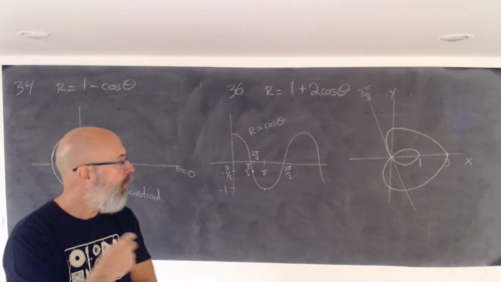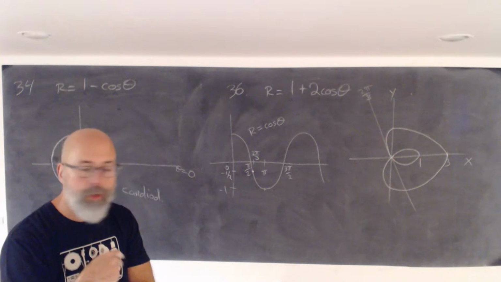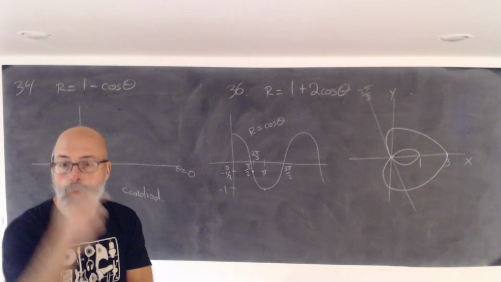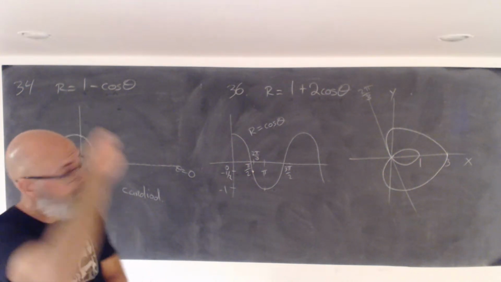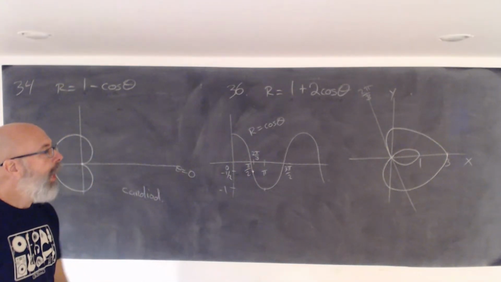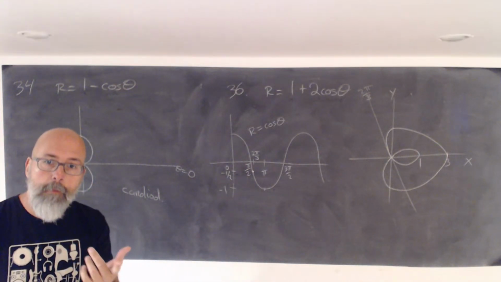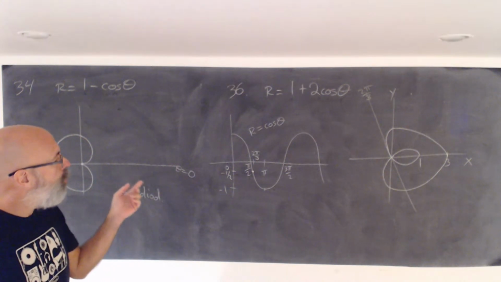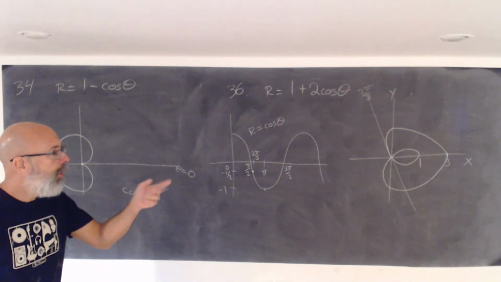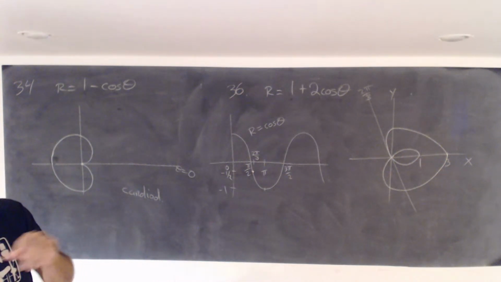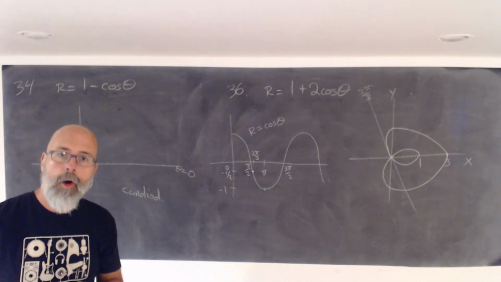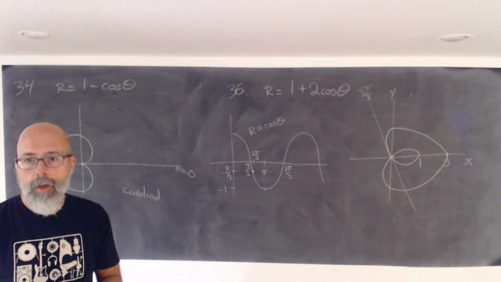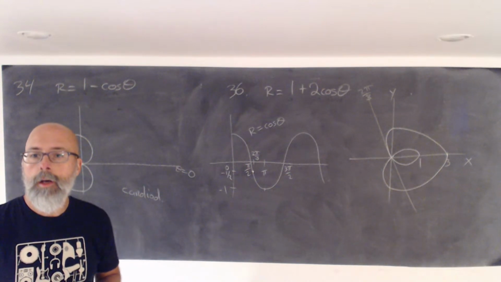If, however, it's a graph not involving sine or cos, then you want to be careful, right? And the period might be shorter than 2 pi, as we saw in the r equals sine theta or r equals cos theta, where the period was actually pi.